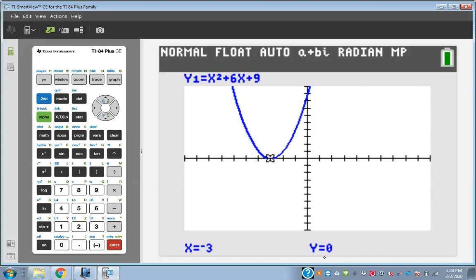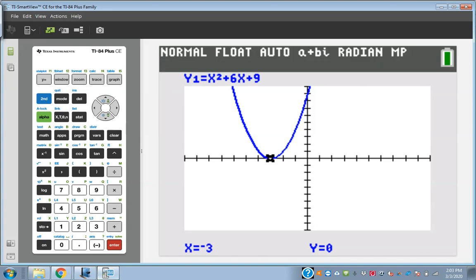Now we trace, -3. You have to do that each time. No, you won't have to do zoom 6 and all that stuff every time. You'll be able to graph it and hit trace. Did everybody get the graph now? You've got that ordered pair at the bottom.